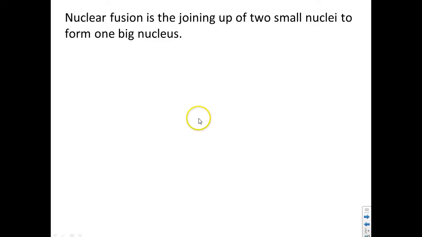So, nuclear fusion. There's a special kind of reaction called nuclear fusion. That's when we have two small nuclei that join to form a bigger nucleus. So let's say we have a small nucleus, hydrogen, and a second hydrogen nucleus.